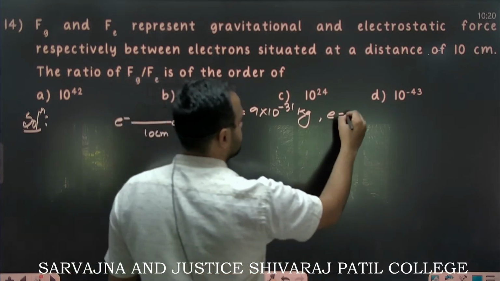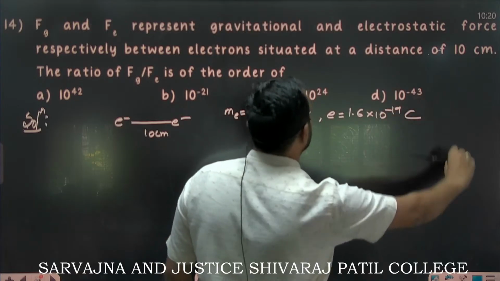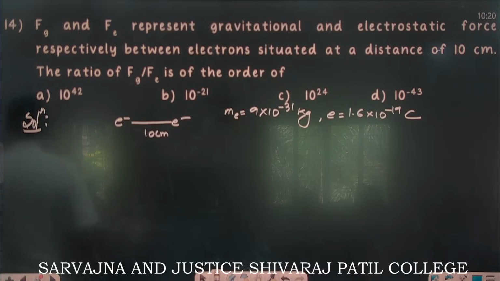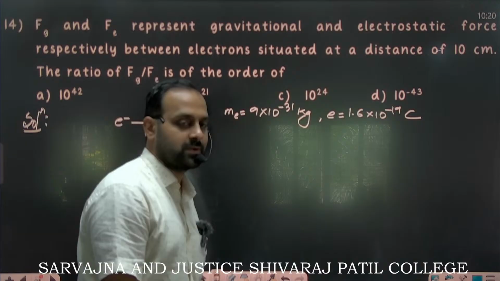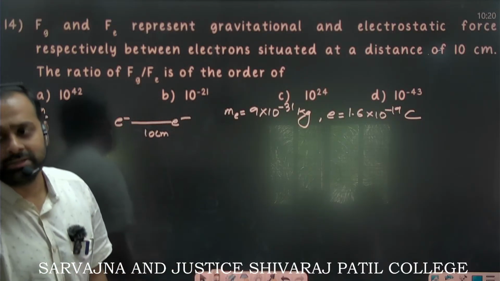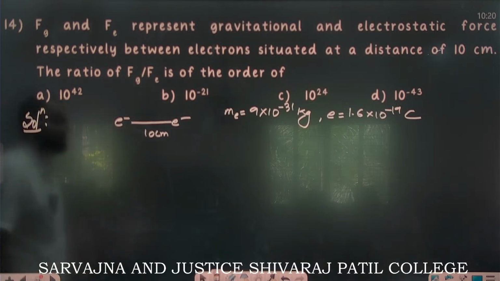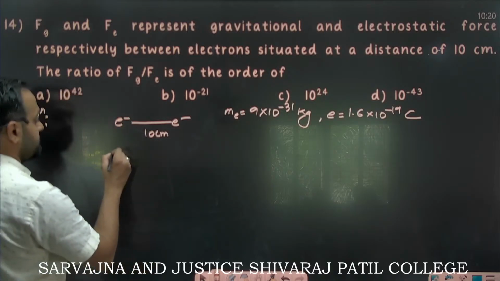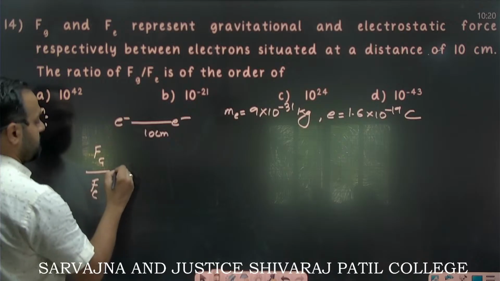Charge of electron. Mass of electron, you can take it as 9 into 10 power minus 31 kg, and charge of electron is 1.6. What I have written is the magnitude of charge. What do you want? You want Fg divided by Fe.